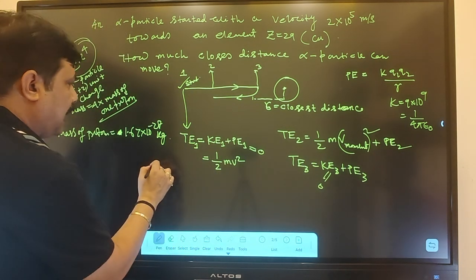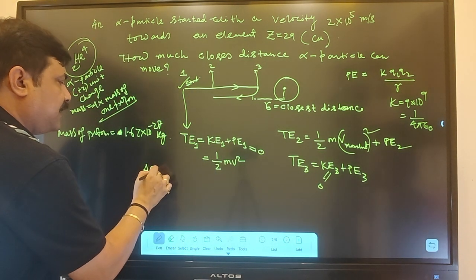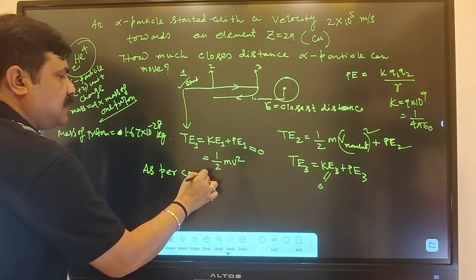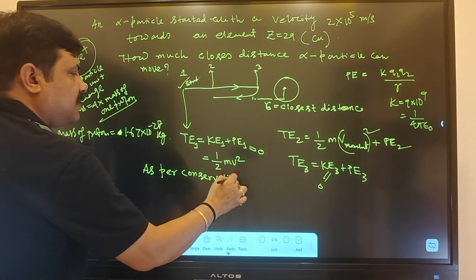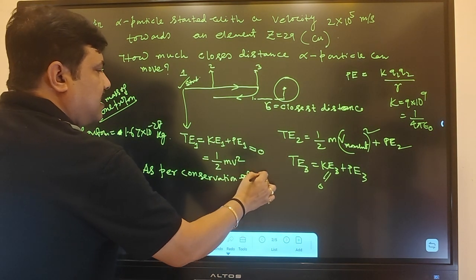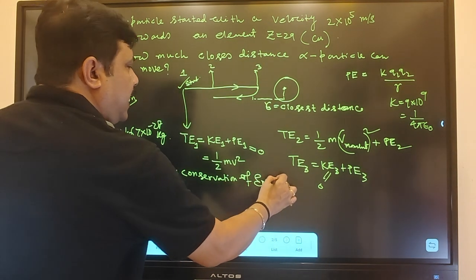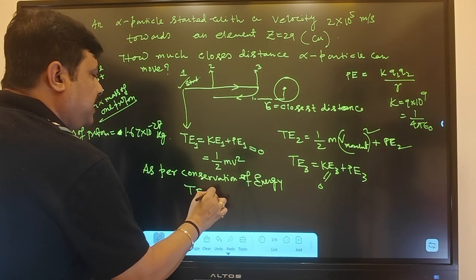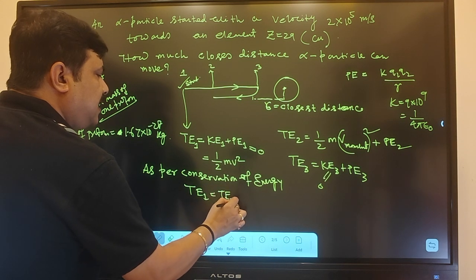Then I can apply the conservation of energy. What can I write down, my dear students? I can write T1 will be equal to T3.